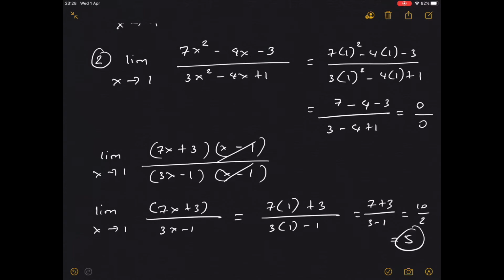Okay, so let's have now another example. Let's call it example C, number 1.